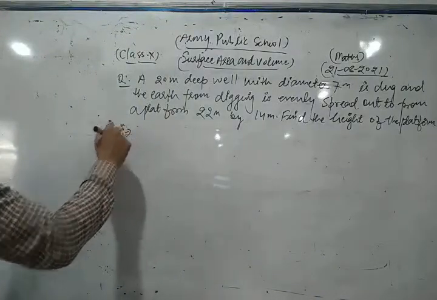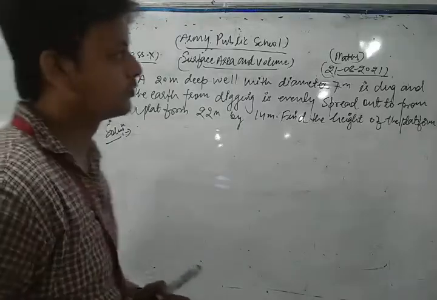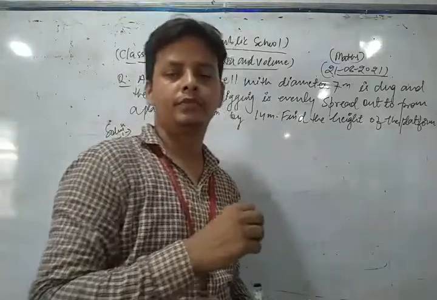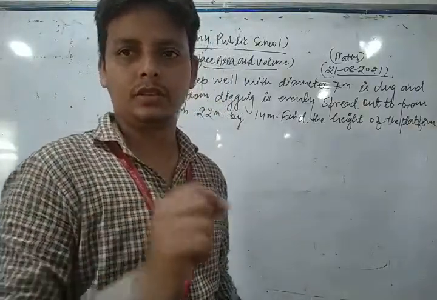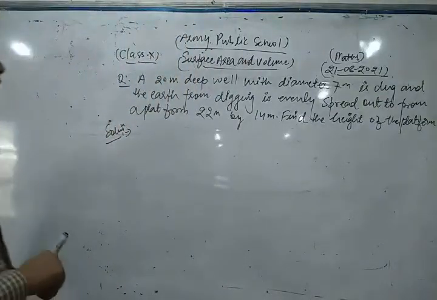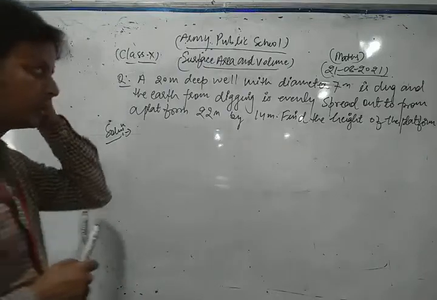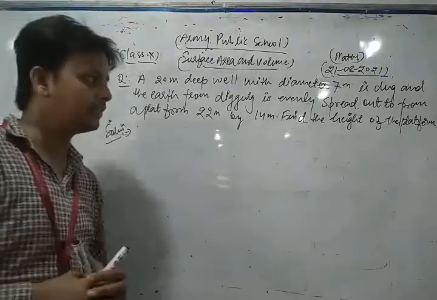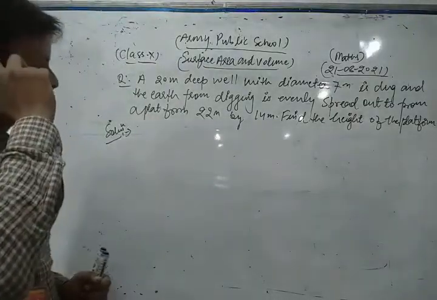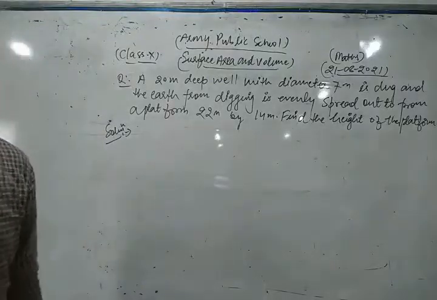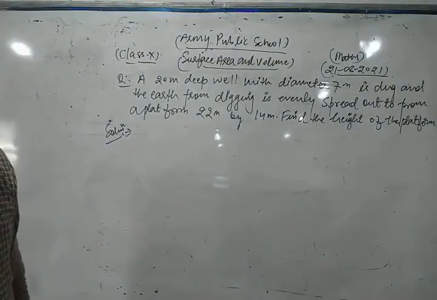Let's see its solution. What is the process to solve this type of question? Here, a 20 meter deep well with diameter 7 meter is dug and the earth from digging is evenly spread out to form a platform 22 meter by 14 meter. Find the height of the platform.